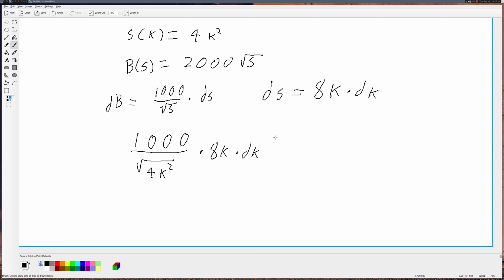If we divide dB by dk, that would equal, let's see, the k's cancel. That's 4000. So dB over dk is 4000. So for every change in k, we make 4,000 extra dollars. So that's our derivative.